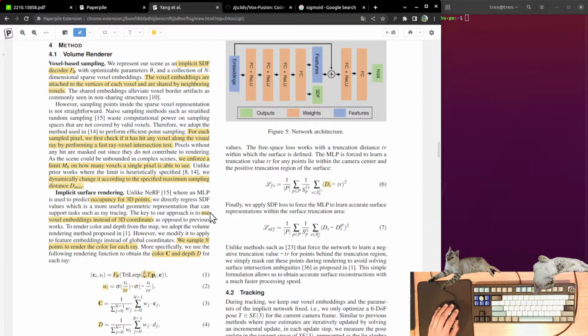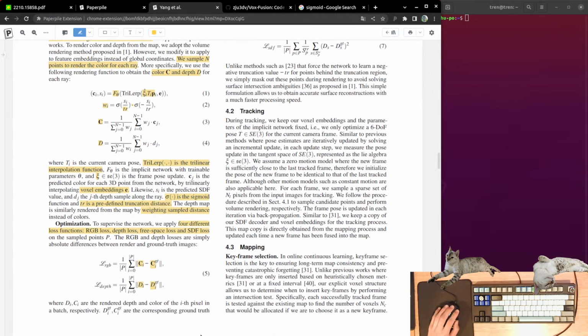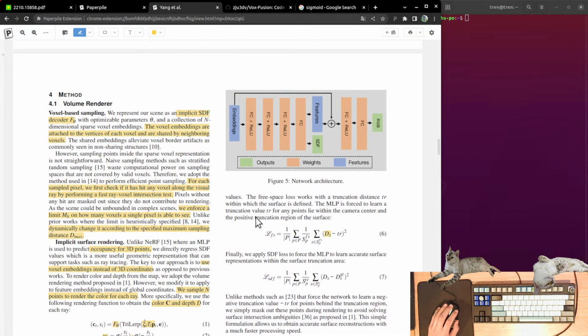Okay, this is the depth, D. This is the truncation value, truncation distance.